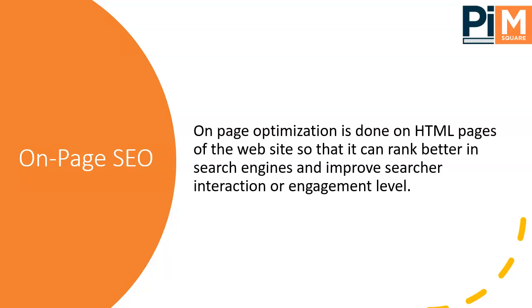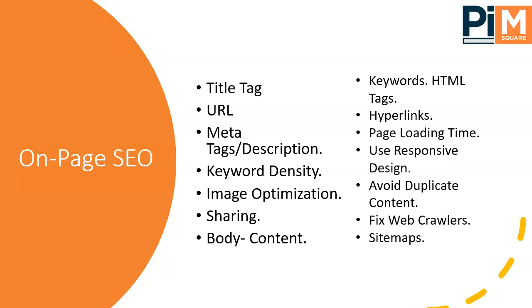As the name suggests, the optimization done on the website or the HTML coding of the website is called on-page SEO. The on-page SEO can be of different types, and these are some of the on-page SEO checklists which are required to be done for the optimization of the website. For example, the title tag.